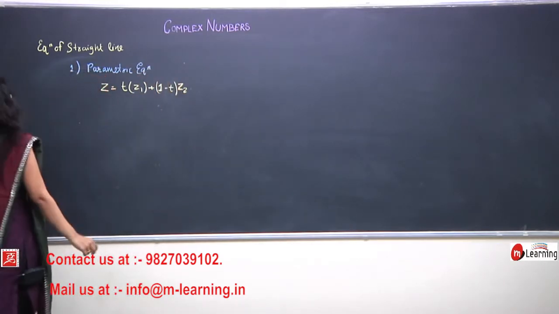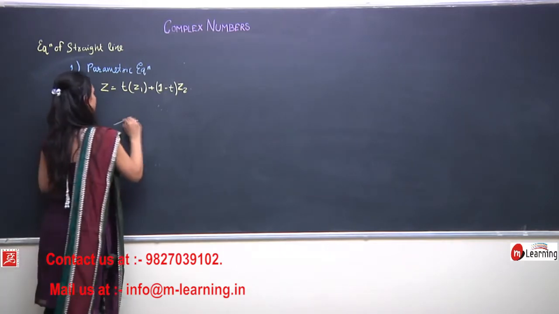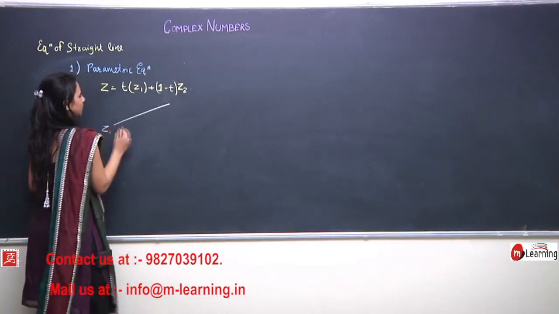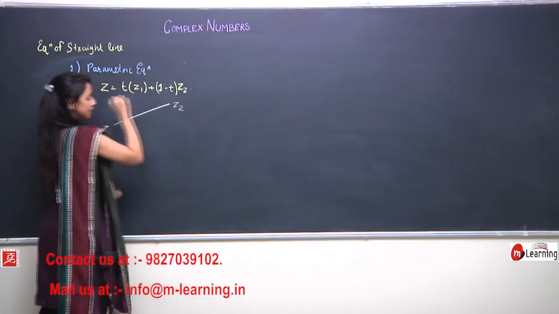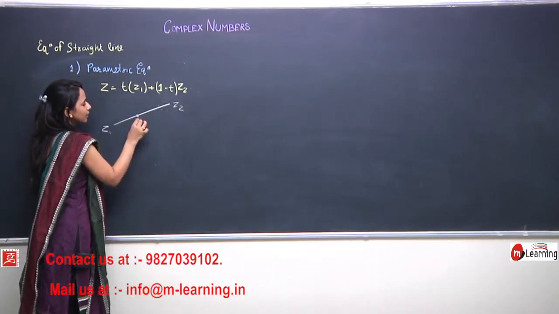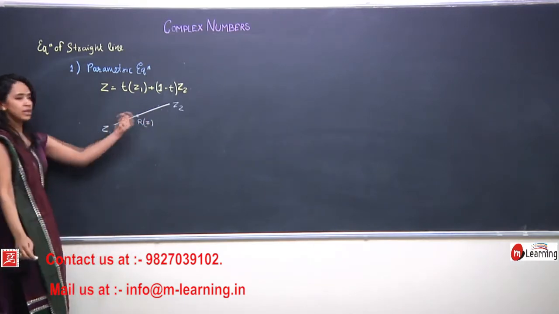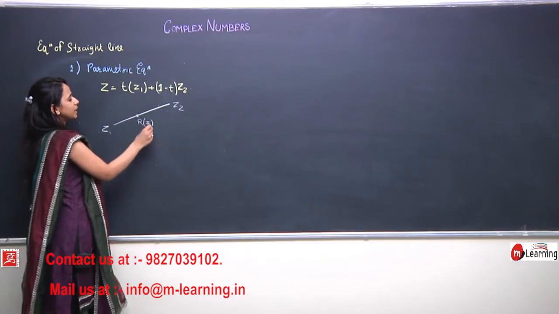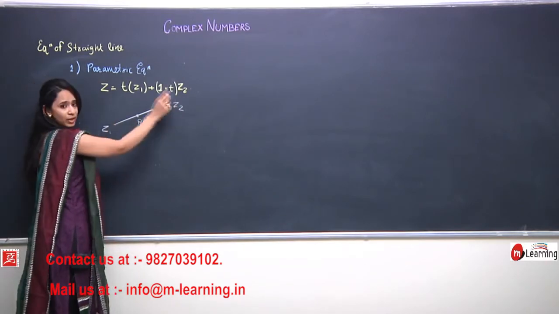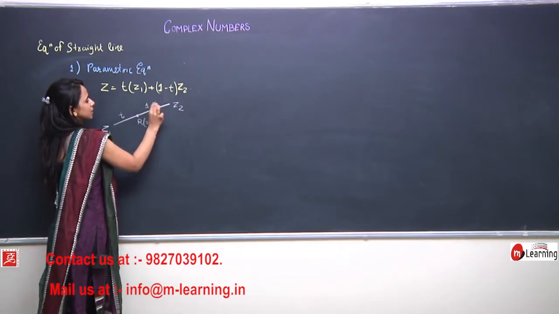Let us try to prove this equation. For example, I have a line joining 2 points z1 and z2. This is my point z1, this is my point z2. Let us say there is any point, with affix z, lying on this line joining z1 and z2, and let us say this point divides my line joining z1 and z2 in the ratio of t is to 1 minus t.